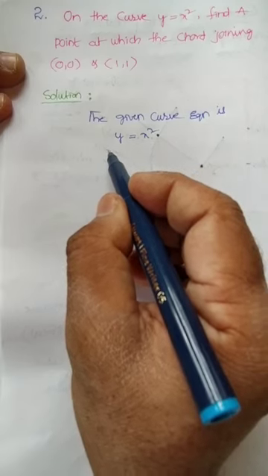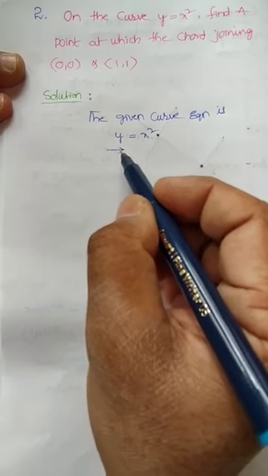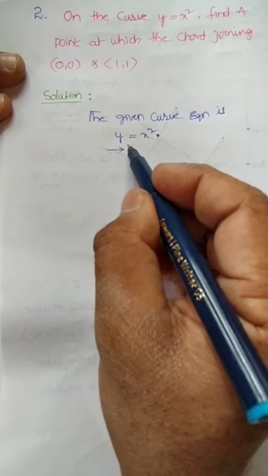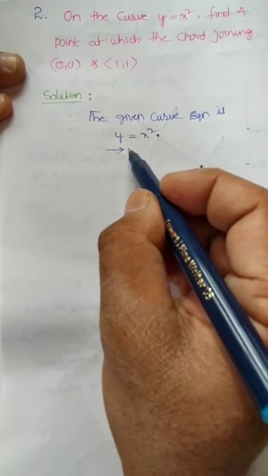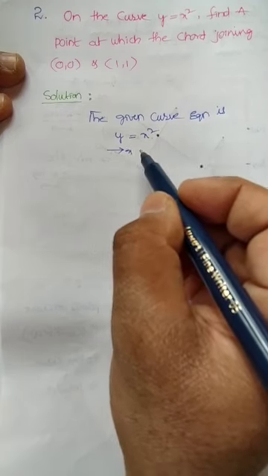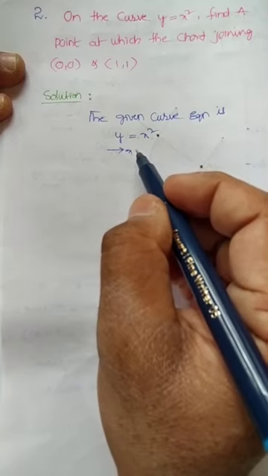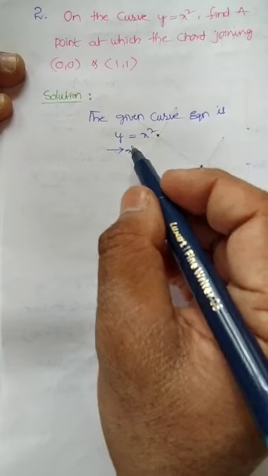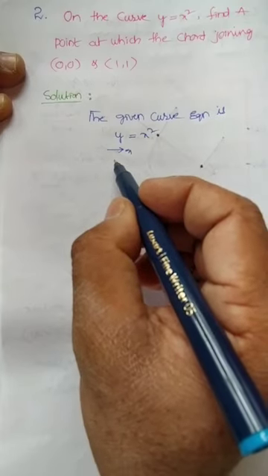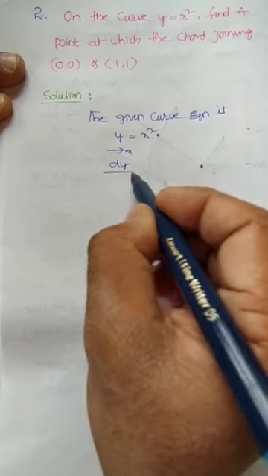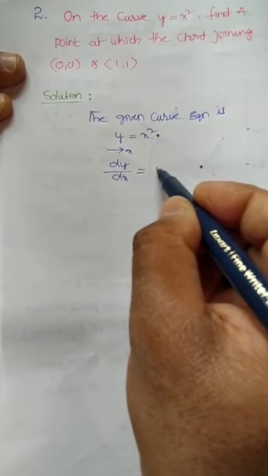How could I get it? Differentiate this curve equation with respect to x on both sides, so that I could get dy by dx. Means dy by dx is equals to, x square derivative is now 2x.